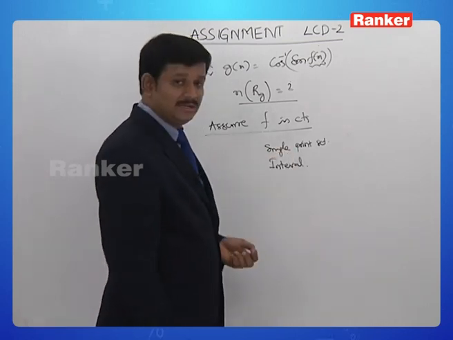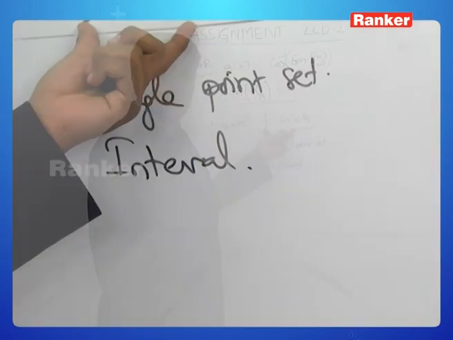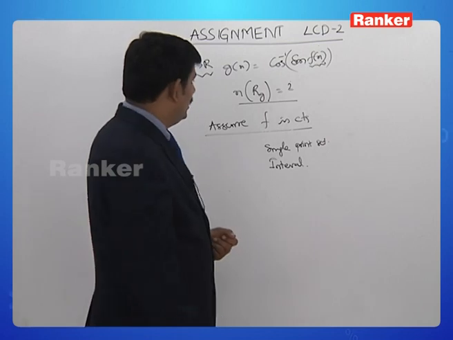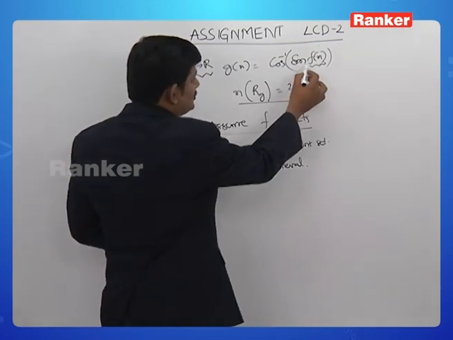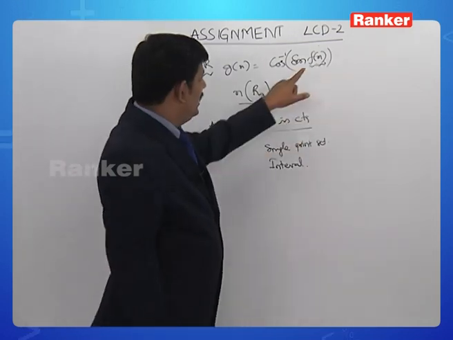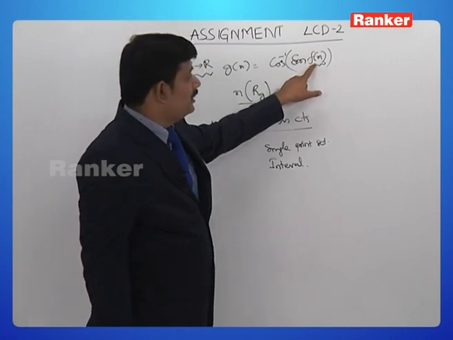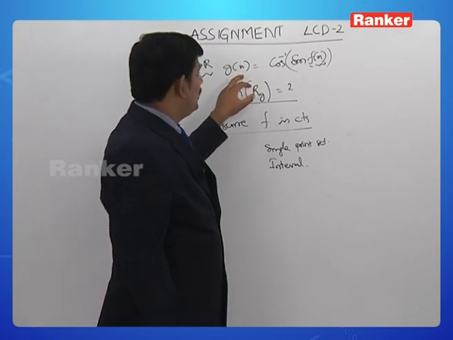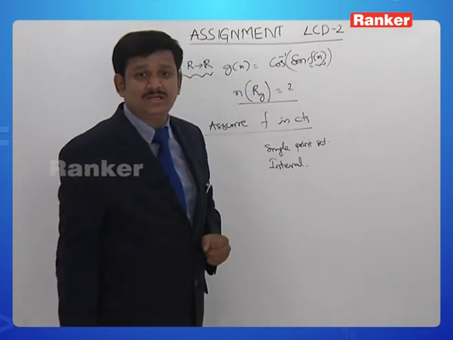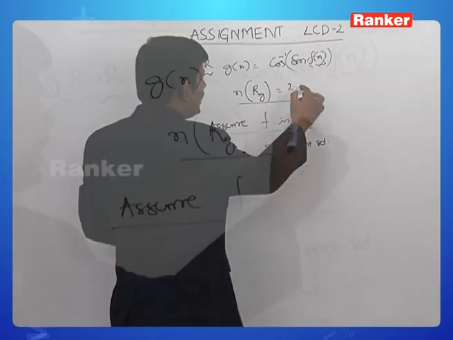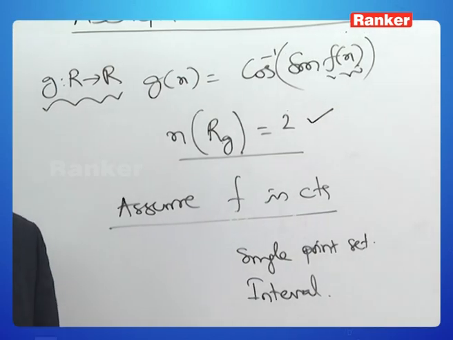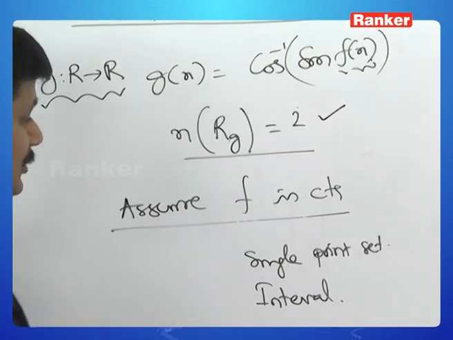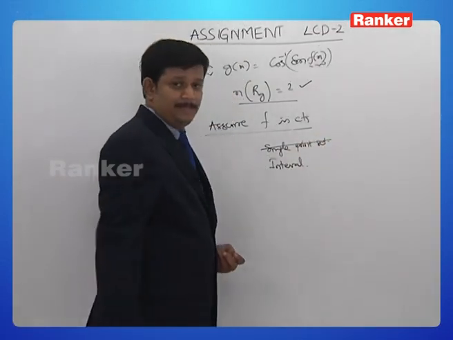Now, if f of x contains only one element, then g of x will also have a single element in its range, whereas the cardinality of the range of g is given to be 2. So, it is not possible for f to be a constant function.